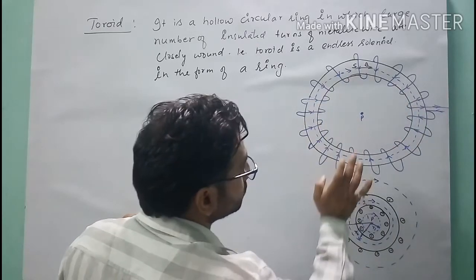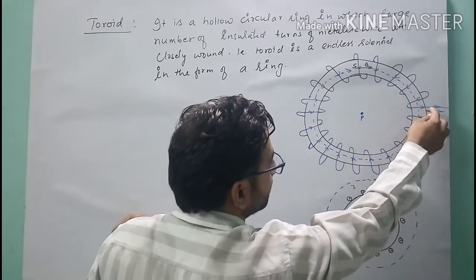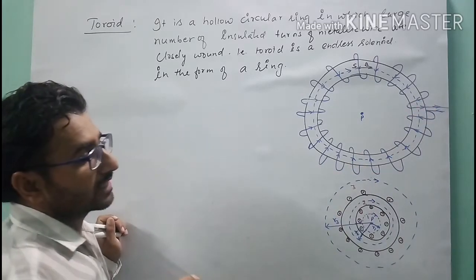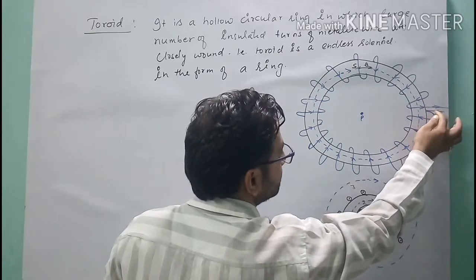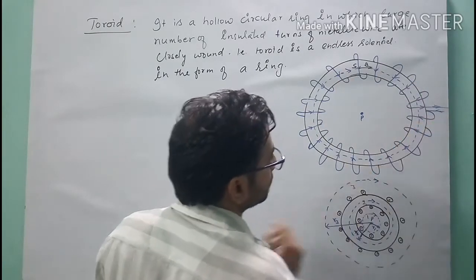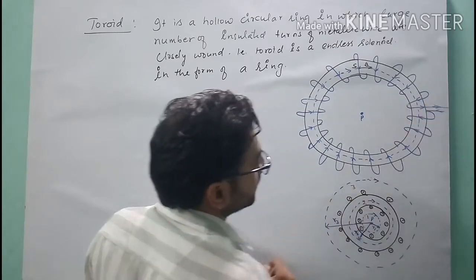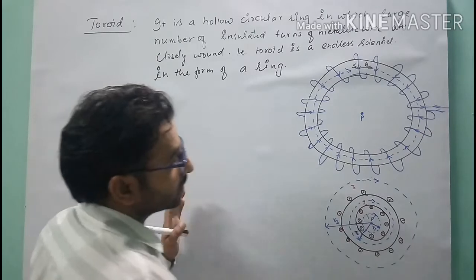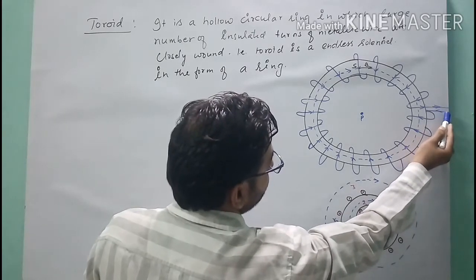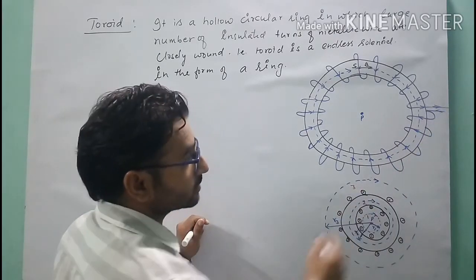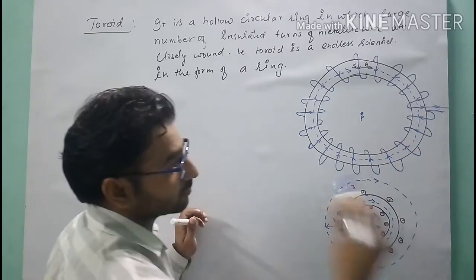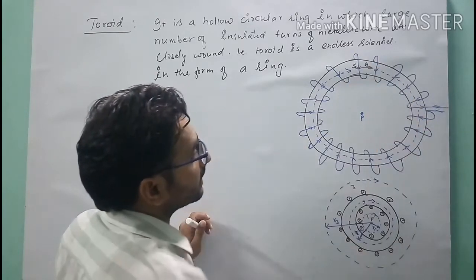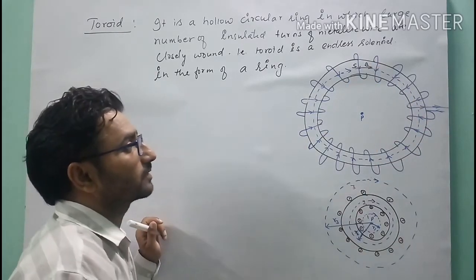Because this wire is very closely wound, we cannot identify where the terminals are. That's why it is called an endless solenoid. It is a very narrow place from where the insulated terminals are ejected. So from these two terminals we will connect the external source, by which the current I is flowing through this insulated wire.